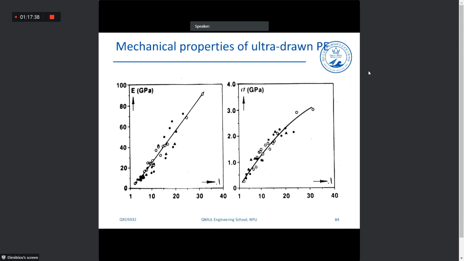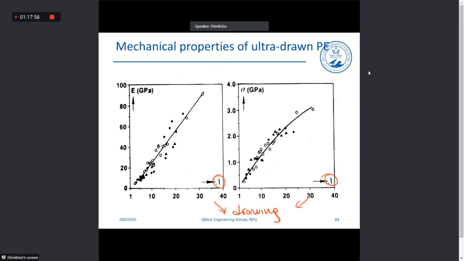And we can see that the more oriented our samples are, the better the mechanical properties of ultra-drawn polyethylene, okay? With increasing drawing, we have an increase in both modulus and strength to significant values.